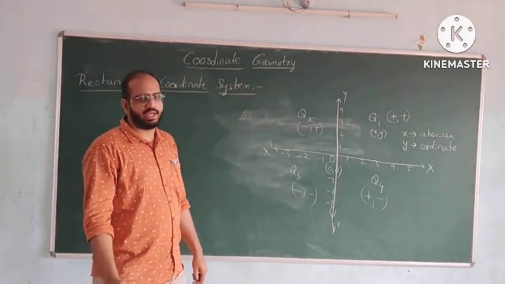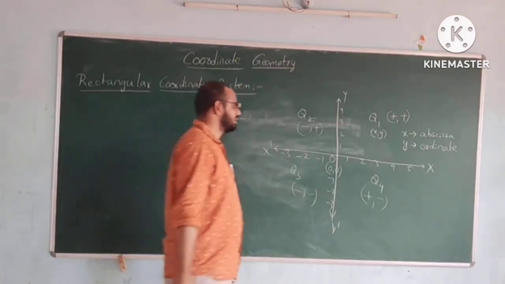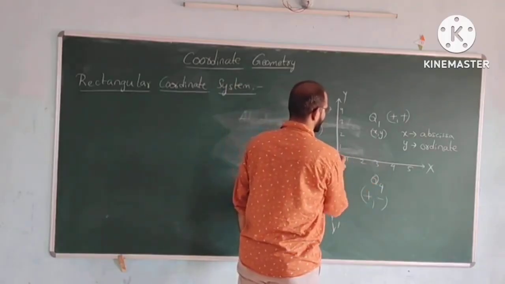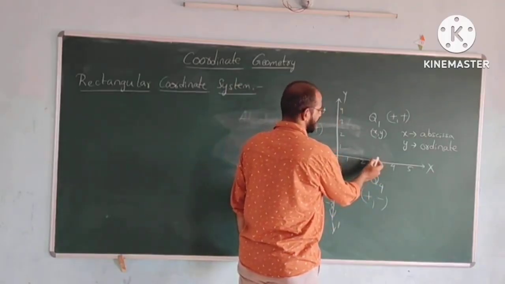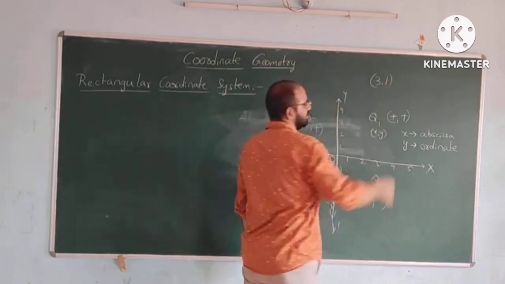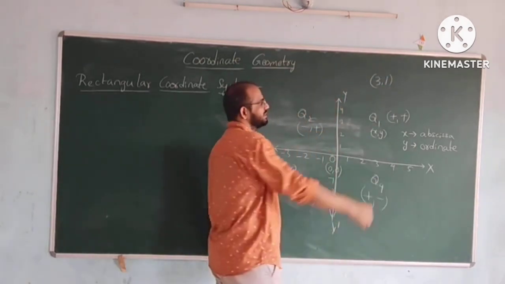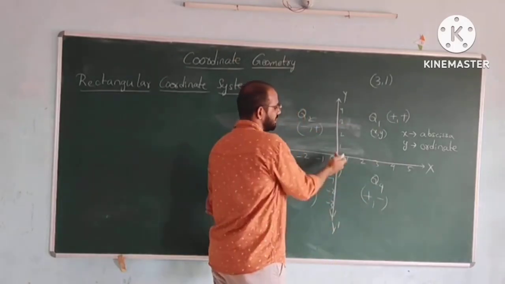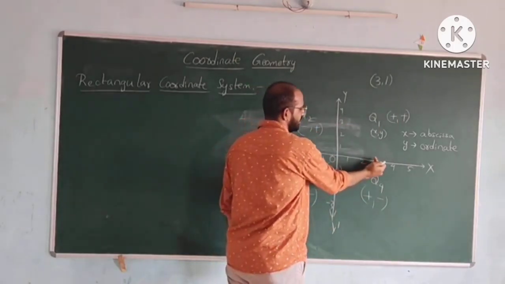If we want to locate a point whose coordinates are 3, 1, that means the x-coordinate value is 3 and the y-coordinate value is 1. The x-coordinate is 3 means from the origin we move 3 units to the right side.